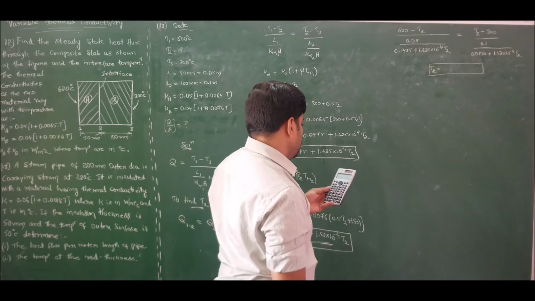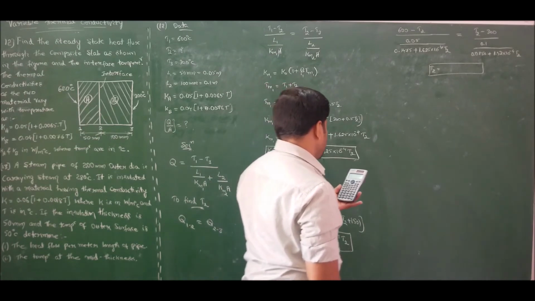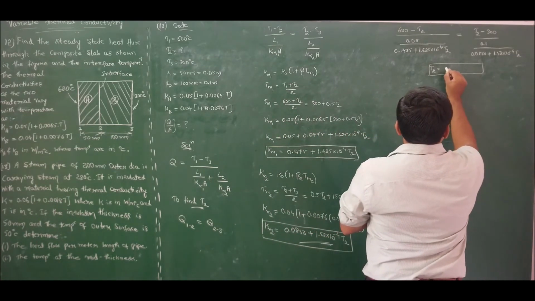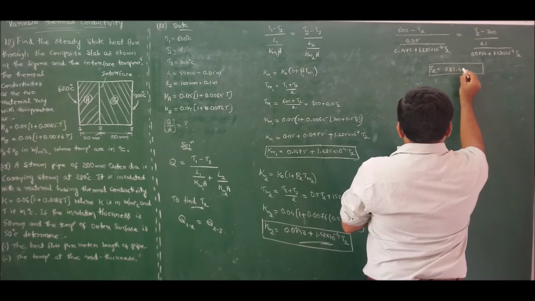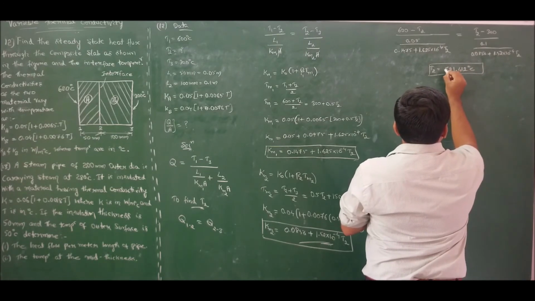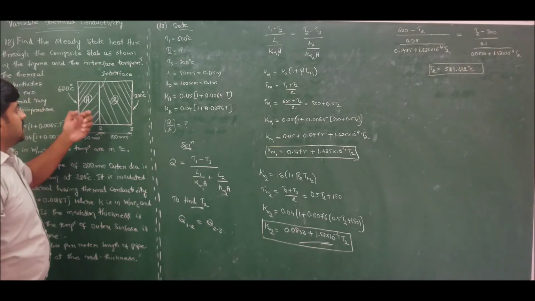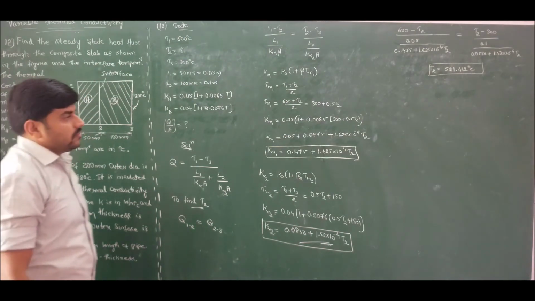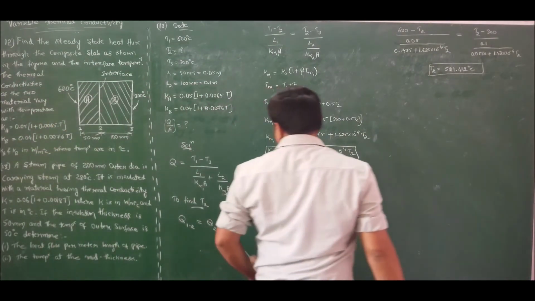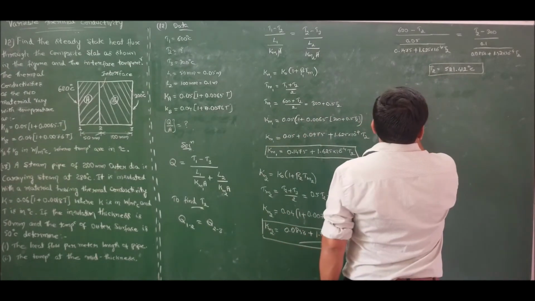If I solve, I will get the value of T2 as 521.412 degrees Celsius. So the interface temperature for this composite slab is 521.412 degrees Celsius. Now I can find the heat flux.